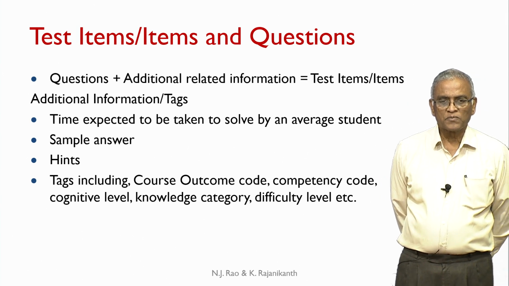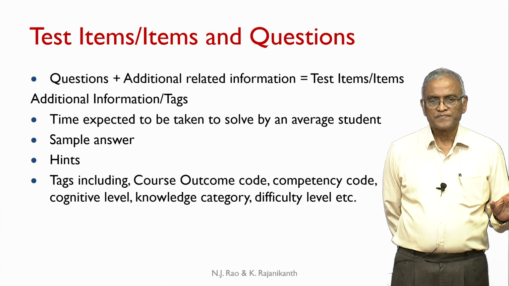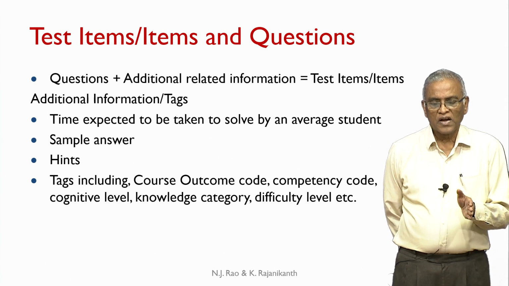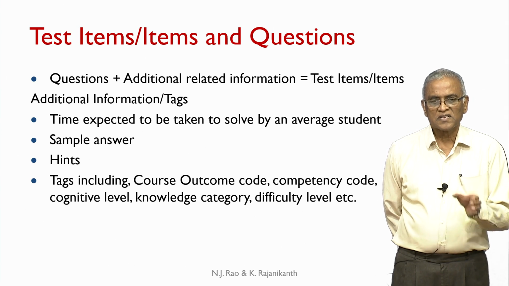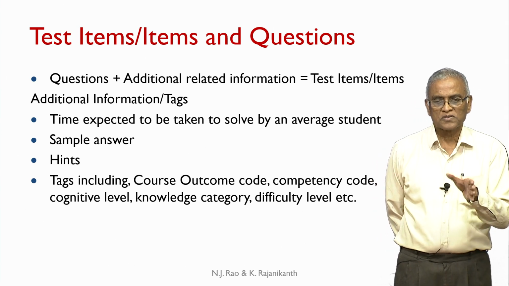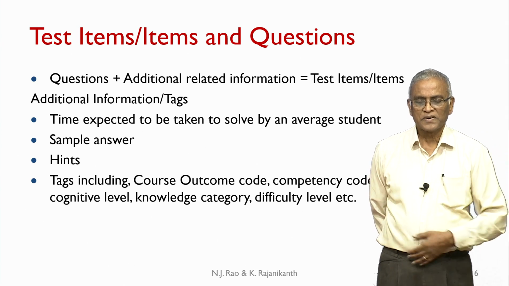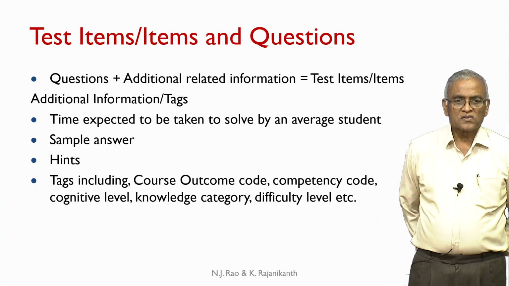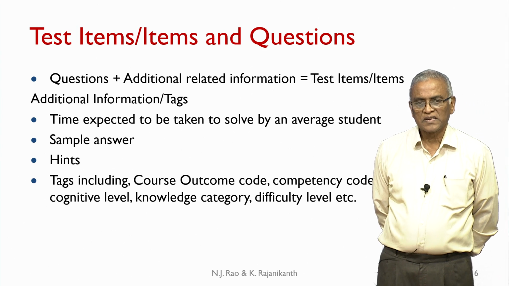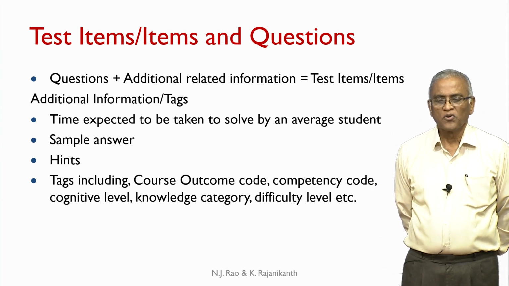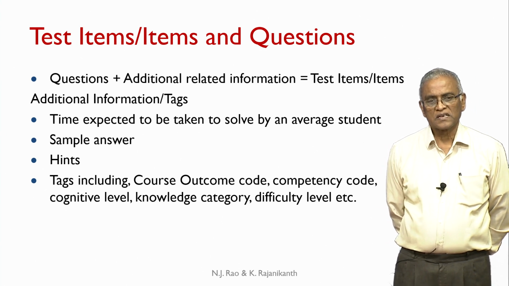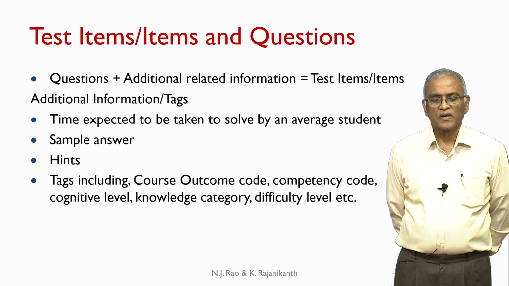For example, you have a code for the course, say CE 123, and then CE 123 CO5 is the code for course outcome, and if you have competencies you will add again C1, C2, C3 and so on. And you can also have tags like cognitive level, knowledge category, difficulty level and a few more, but depending on the requirements you can have several such tags linked with a particular question.